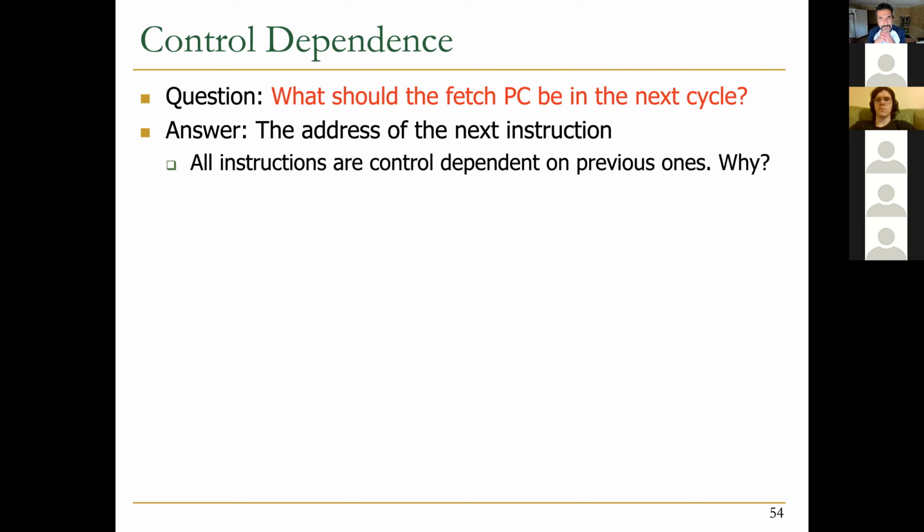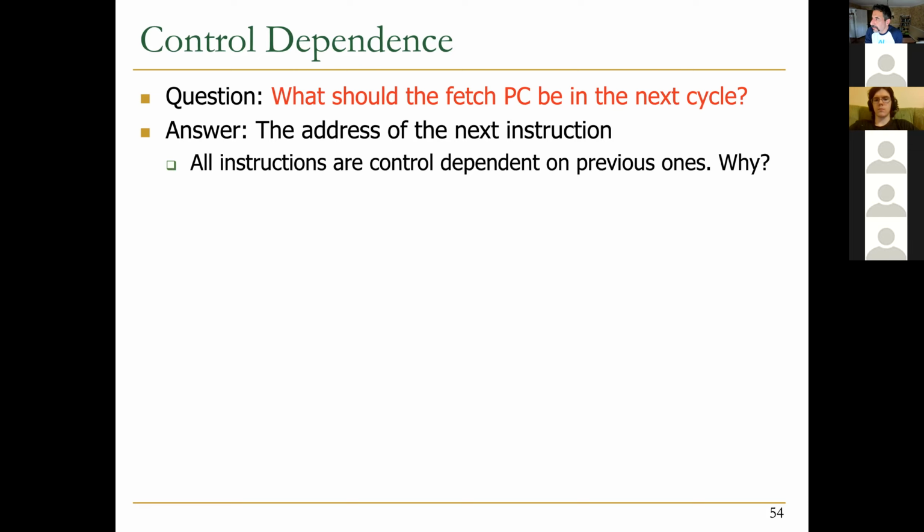The answer is the address of the next instruction, and that's true. In some computers like MIPS, we know exactly the address of the next instruction, even though this is not a generic thing. There's no guarantee in all machines that we know the address of the next instruction. We know it in MIPS because all instructions have the same length, and this comes with the design.